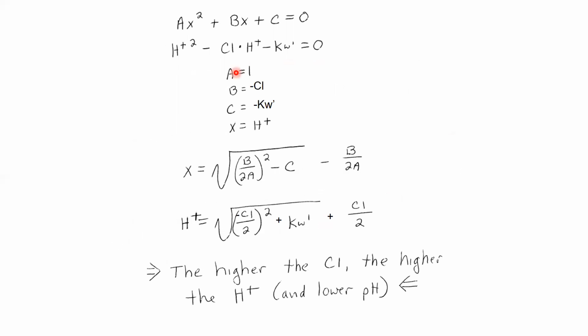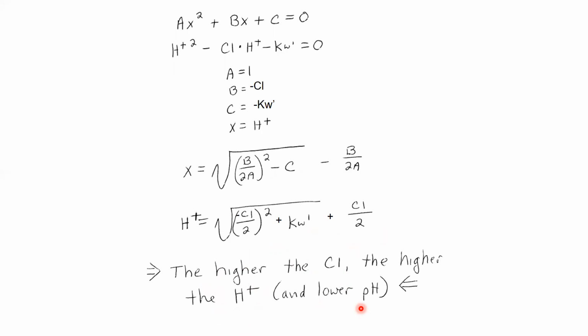We don't really need to do this. This is not math, but eventually, if you solve for the hydrogen ion concentration, you come up with this equation, which should show you that the higher the chloride, the higher the H plus concentration and the lower the pH.